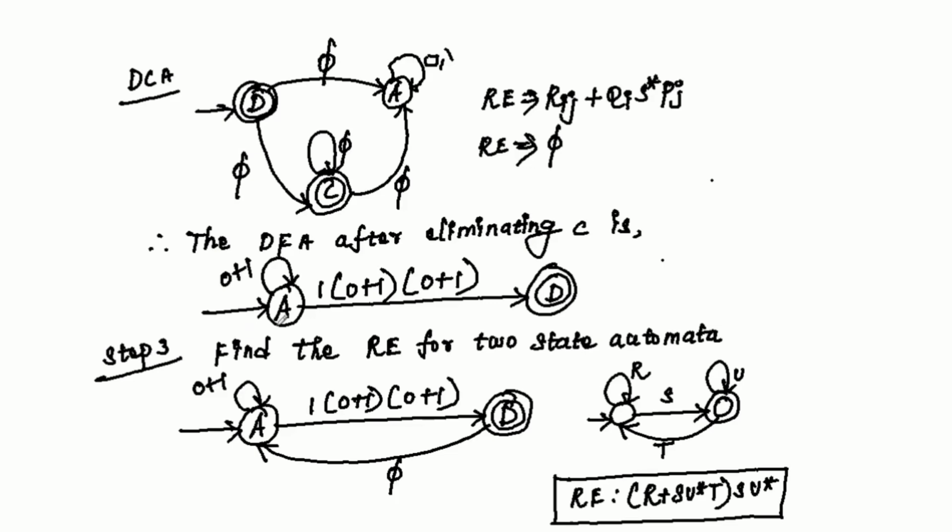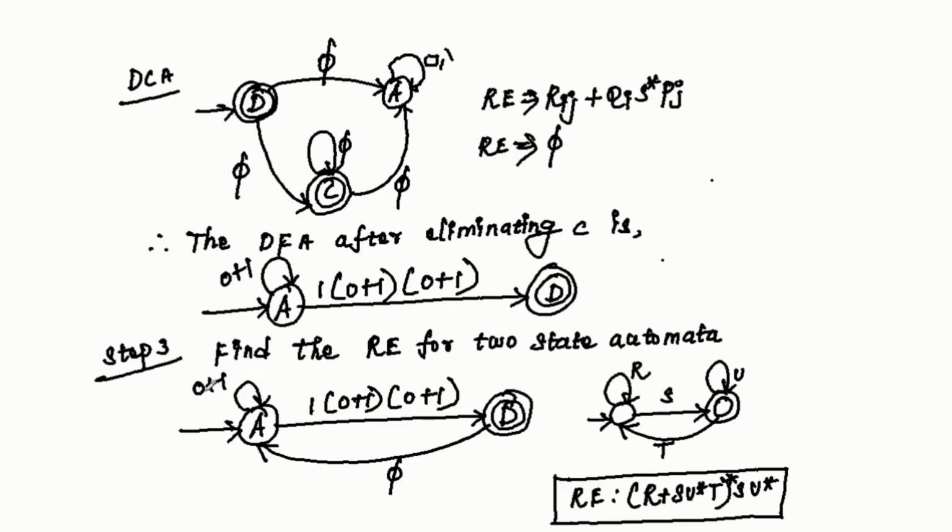Coming to step 3, find the regular expression for the two-state automata. With the updated transition diagram, we can now proceed to the third step using the formula: regular expression equals bracket of R plus SU star T raised to the power star SU star. By substituting these values into the formula, you will get the resulting regular expression.